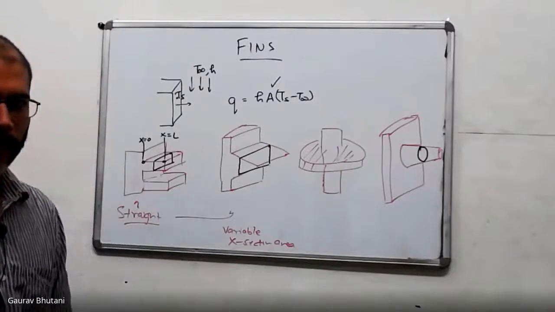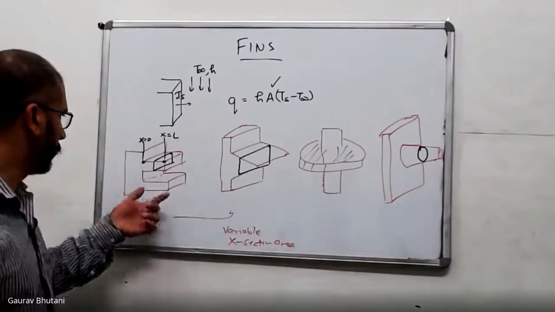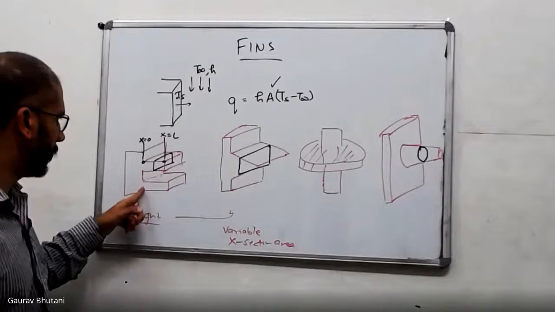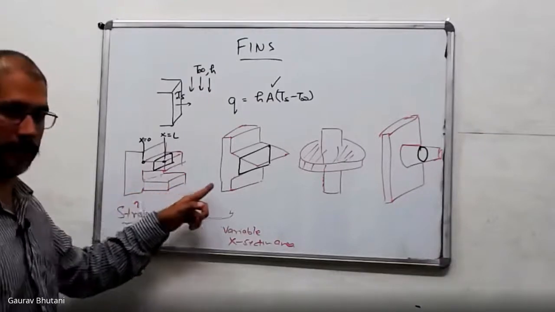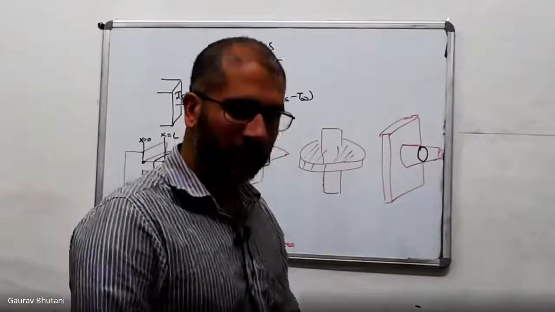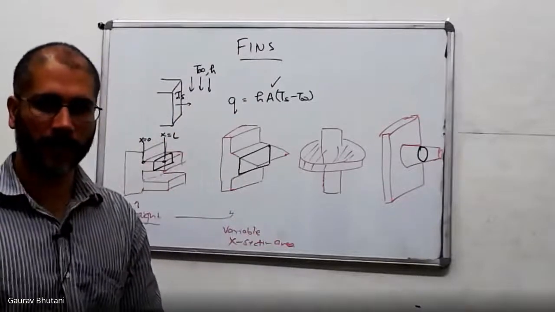Otherwise, you may end up putting in more resistance, right? The fin is nothing but a resistance, because if you draw the circuit, you have a surface temperature T, then a conduction resistance that was earlier not there, and then a convection resistance. By attaching a fin, you are decreasing your convection resistance, because you are increasing the surface area.